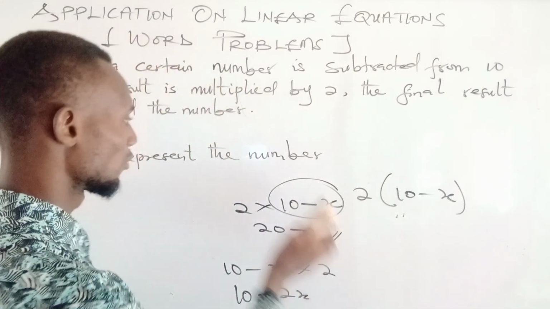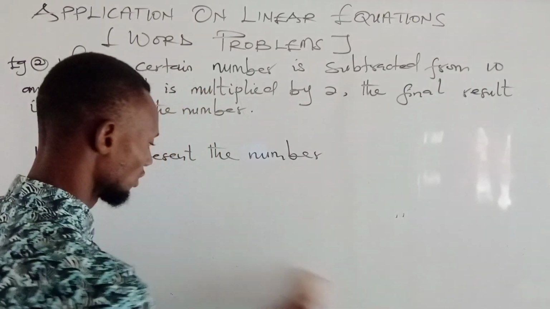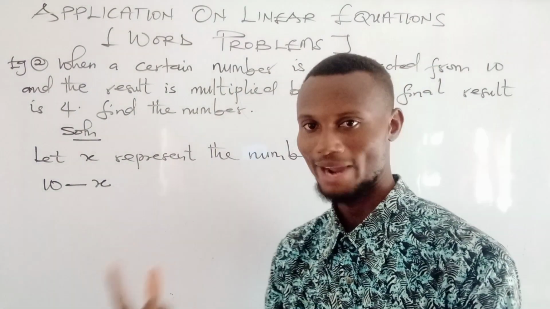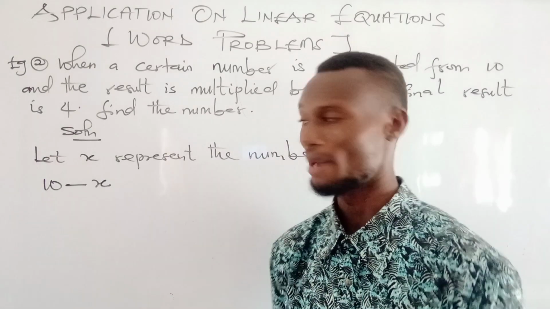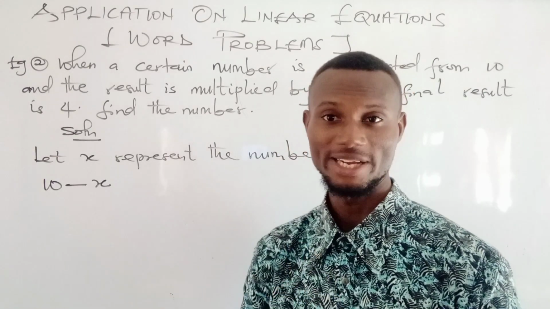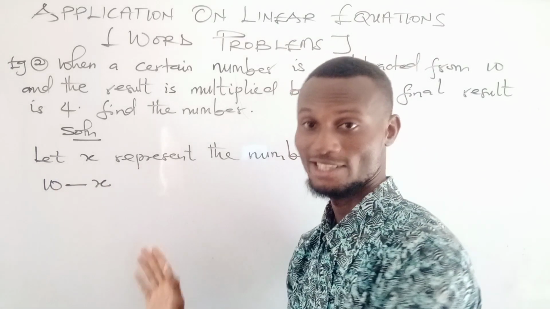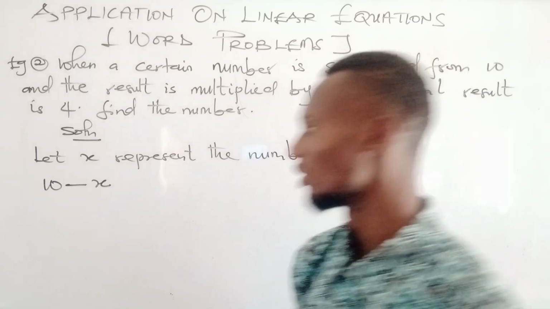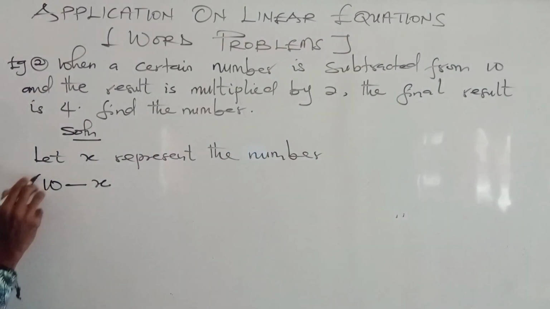Okay, so I'm going to clean this so that we can continue. So the result is being multiplied by 2. What result are they talking about? The 10 minus S is being multiplied by 2, and I've explained that you should put it into brackets, then you use your 2 to multiply it. So this result is being multiplied by 2.